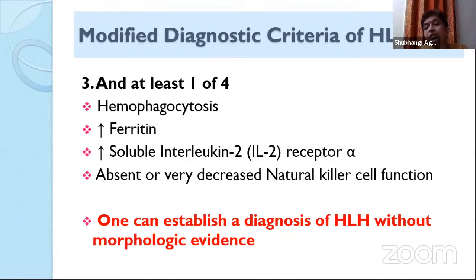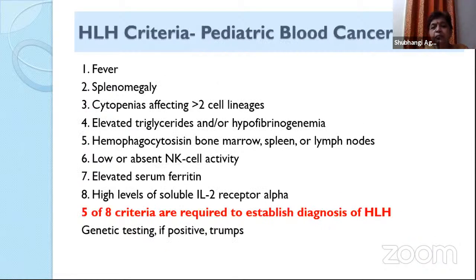So morphological diagnosis of hemophagocytosis may be present or may not be present. These are the previous criteria, 8 criteria, which were given in 2007. These were modified from the previous ones. These are the 8 criteria, out of which 5 were required to establish the diagnosis.